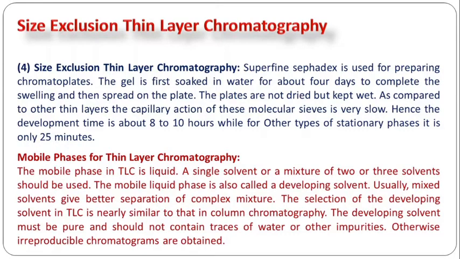That's why the Rf values are the same in a particular solvent mixture. Rf values in TLC are a characteristic property of that particular substance. That's why we have to note down the solvent mixture while reporting the data.